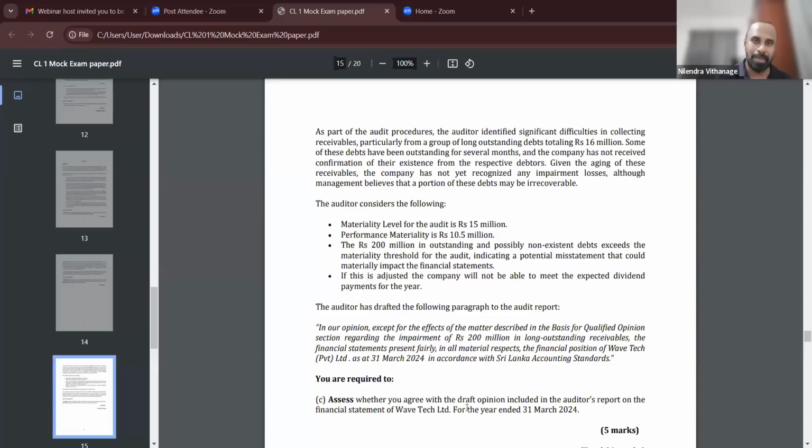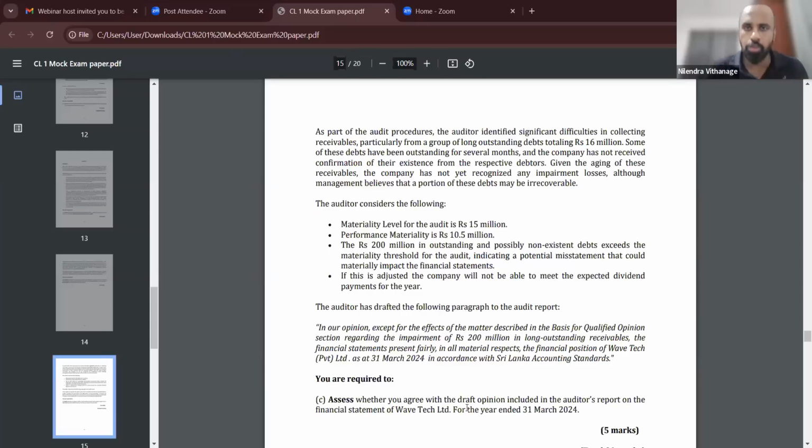Misstatement, which is material. The auditor has drafted the following paragraph for the audit report. In our opinion, except for the effect of the matter described in the basis for qualified opinion section regarding the impairment of rupees 200 million in long outstanding receivables, the financial statements present fairly. Do you agree with this opinion?